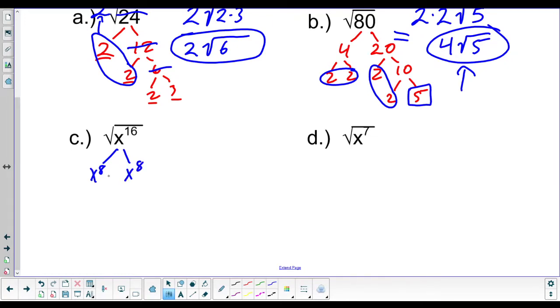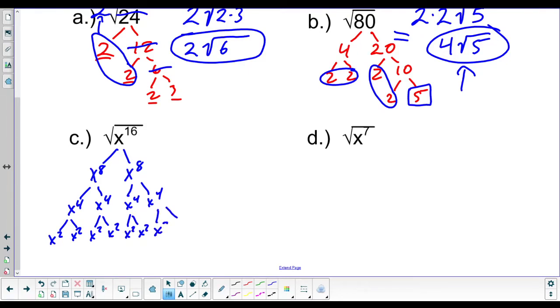Because if I multiply these, we add the exponents. 8 plus 8 is 16. All right, we could do x to the 4th and x to the 4th here, and x to the 4th and x to the 4th here. And then we can do x squared, x squared, x squared, x squared, more x squareds, and you kind of get the idea where this is going, right?